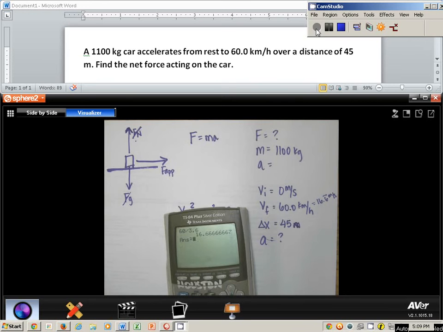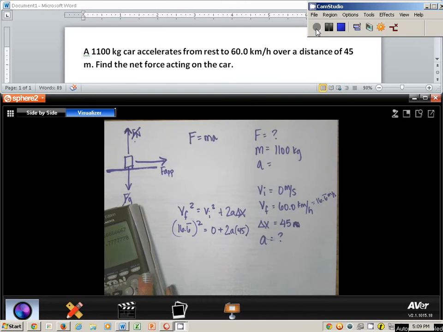And then that simplifies on my paper to that plus 90A. So A will be equal to that number divided by 90. My acceleration is going to be 3.08 and a bunch of numbers meters per second squared.